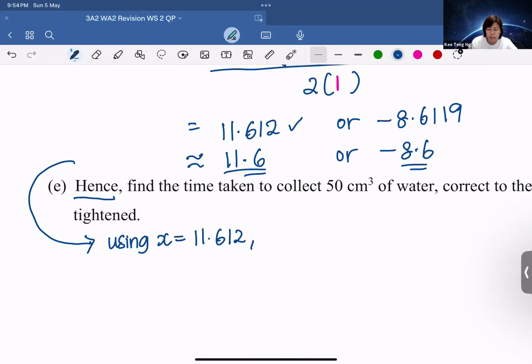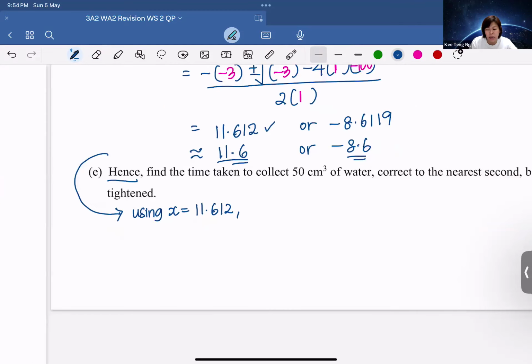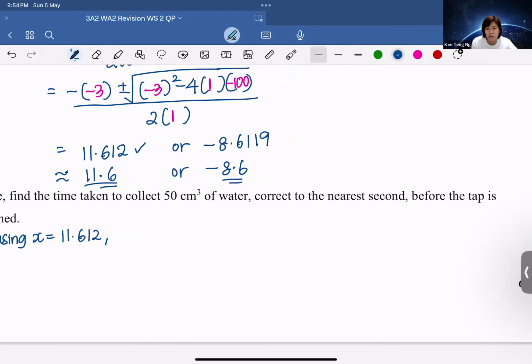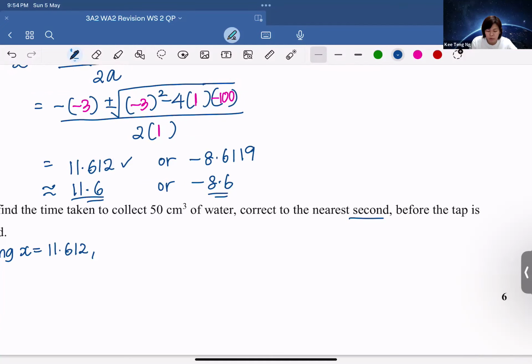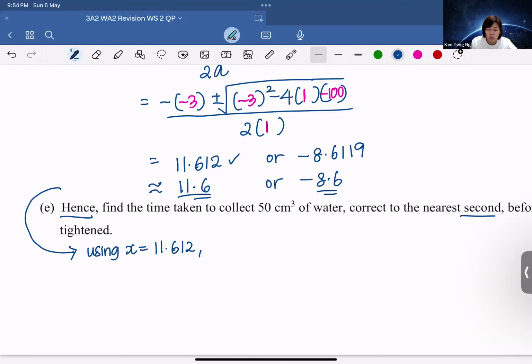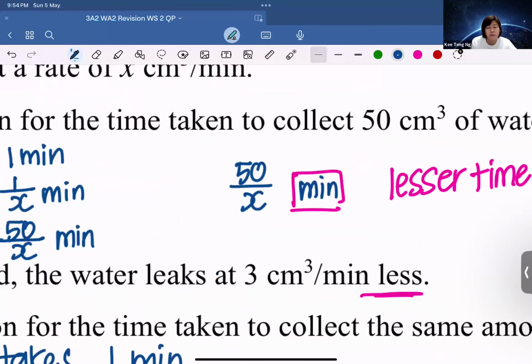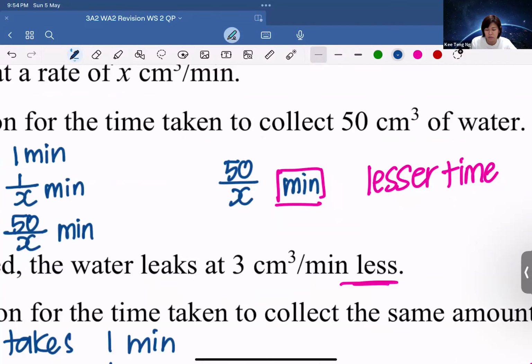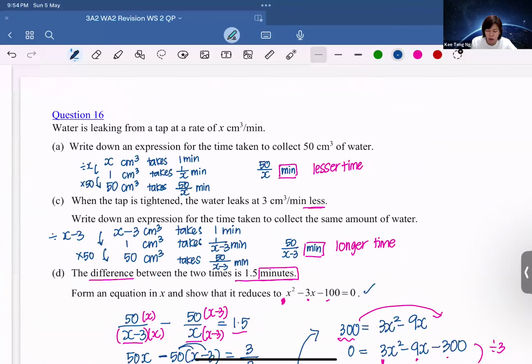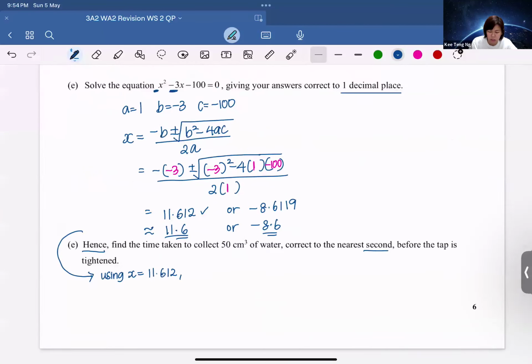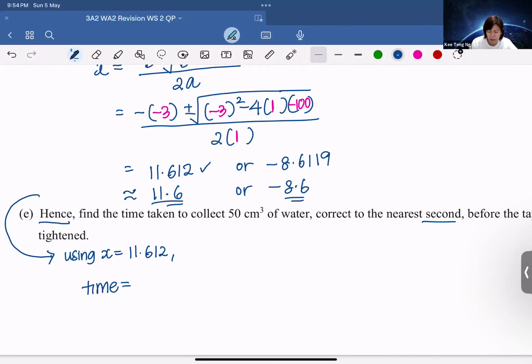Okay, I want to find the time taken to collect 50 cm cube of water, correct to the nearest second before the tap is being tightened. So before it's being tightened, the time is given by 50 over x. So I should take the time to be 50 divided by x.